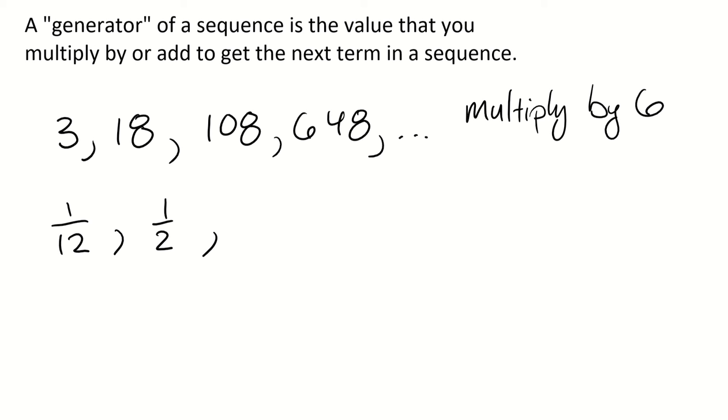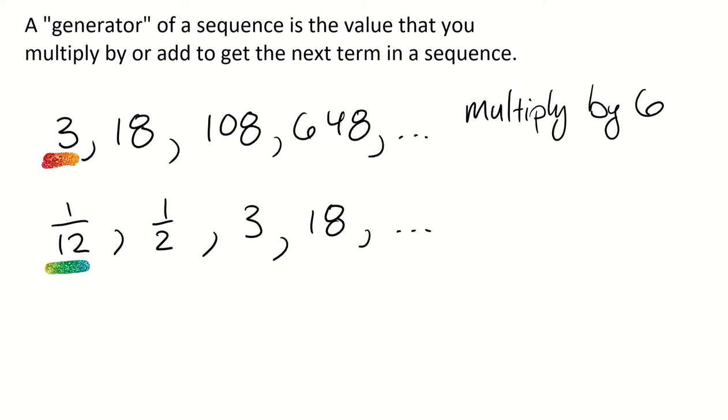And if I take the 1/2 and multiply it by 6, it's going to give me the number 3. And if I multiply that by 6, I'm going to get 18. So I can see that what the sequence is depends on two things. It depends on the initial value, right? Where does it start? And it also depends on the generator.